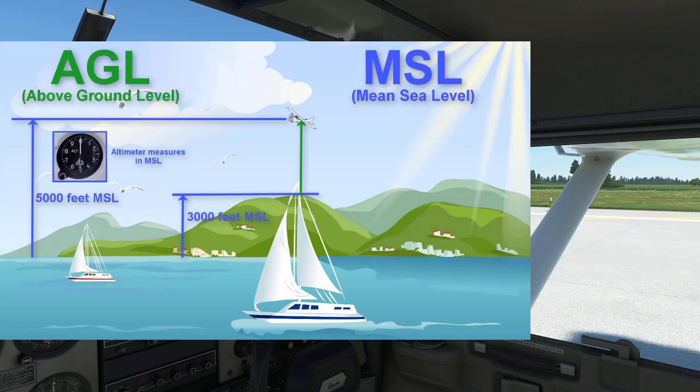So the top of the mountain is 3,000 feet, but we are an additional 2,000 feet above the highest point of that mountain. So therefore we are 2,000 feet AGL. I guess I forgot to put that in the image, but I hope that's clear enough. And the AGL will be referenced today as we talk about doing ground maneuvers here in this particular stream.